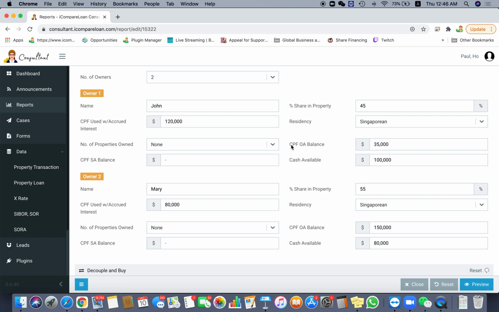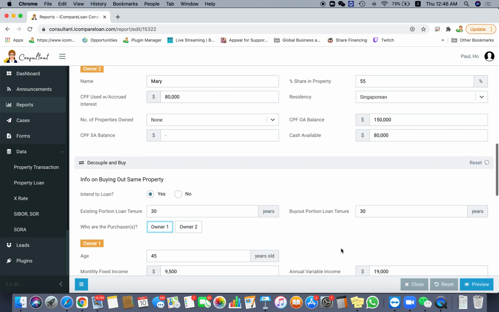So obviously there are still some additional buyer stamp duty savings, but the savings will not be as much as compared to currently owning one property, one shared property. Okay, so typically the changes would center around the OA balance and cash available of the individuals, right?